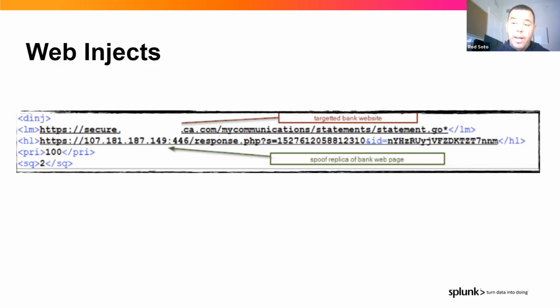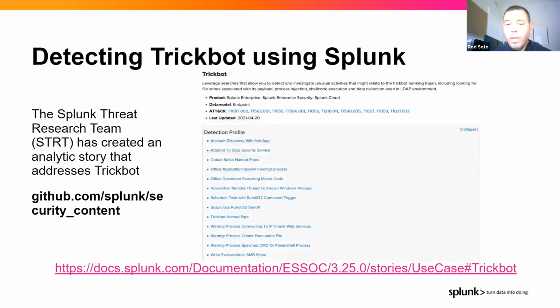So that's one example of how these things operate in the background, and they're very stealthy and very hard to detect. So with that in mind, we decided that we wanted to tackle this threat. And then we created an analytic story that you can find in our GitHub and Splunk base. Obviously all stories have a subject.